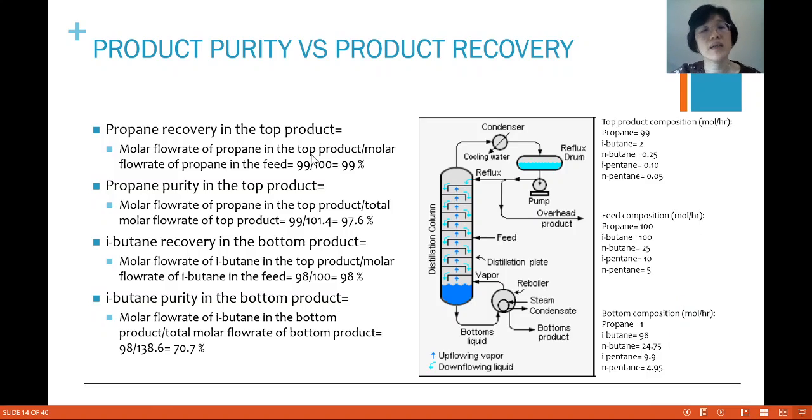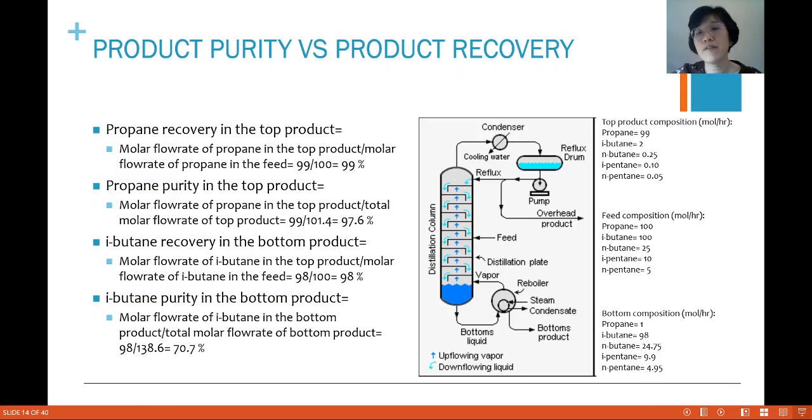To determine the propane recovery in the top product, as propane is our light key, the equation we have to use is the molar flow rate of propane in the top product over the molar flow rate of propane in the feed. So we just substitute the information given.